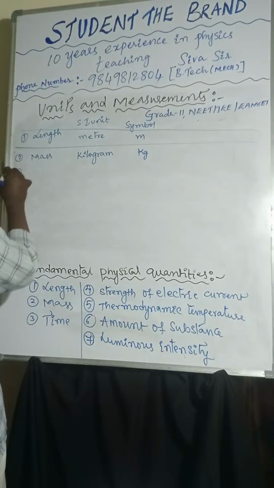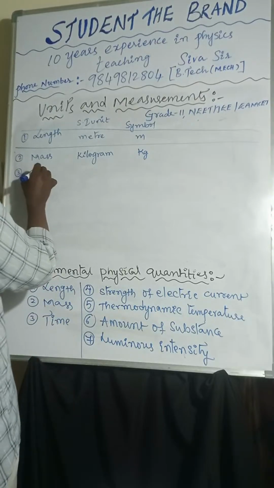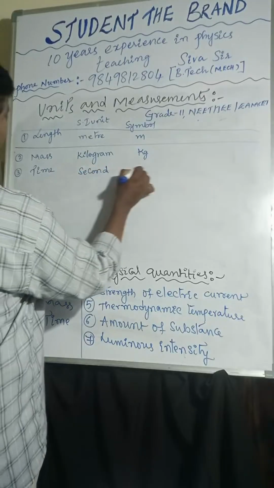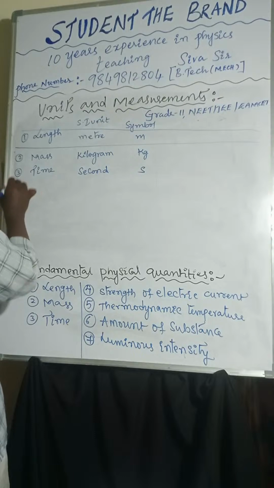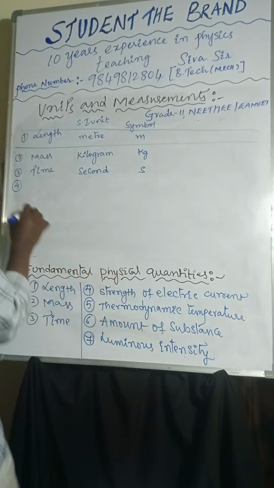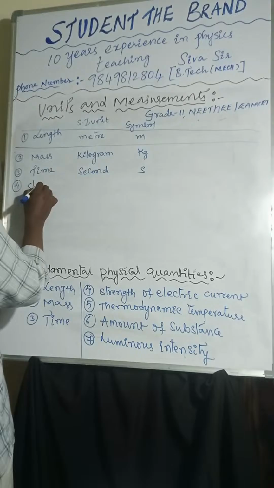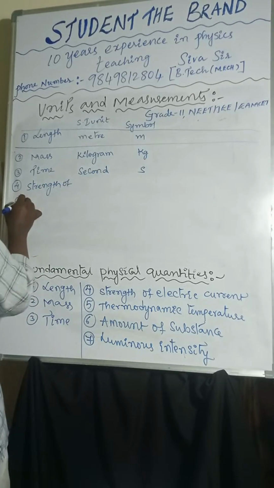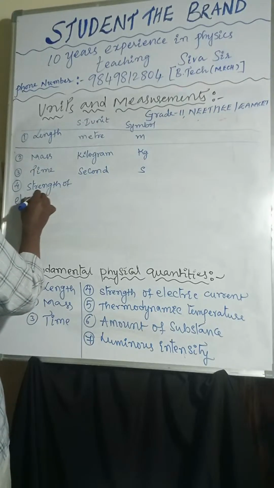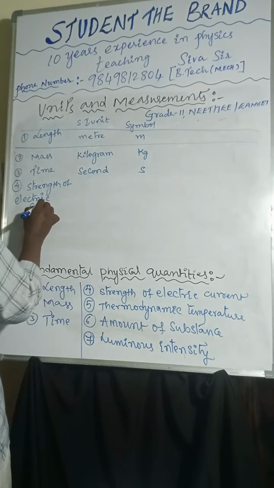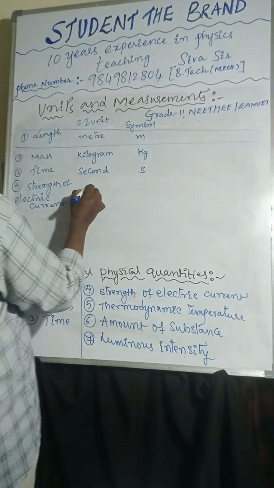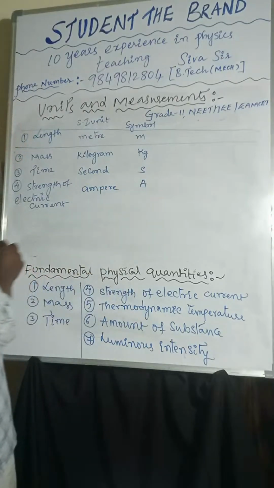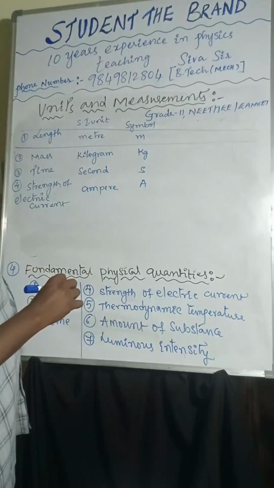The third one, time, is second. The fourth one, strength of electric current, is ampere, capital A.